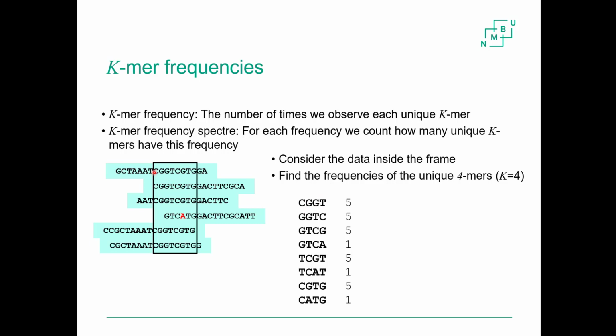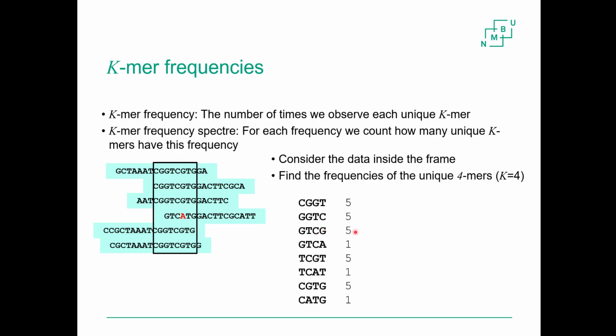CGGT, this one here. CGGT, we see it 2, 3, 4, 5 times, right? Because 5 out of these reads contain this k-mer. So we get 5 occurrences. And the next k-mer starting here, GGTC, also 5 times.